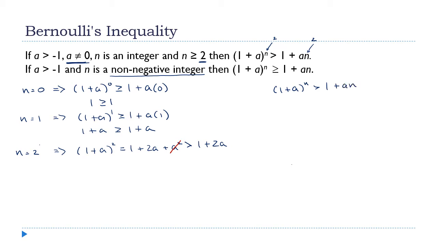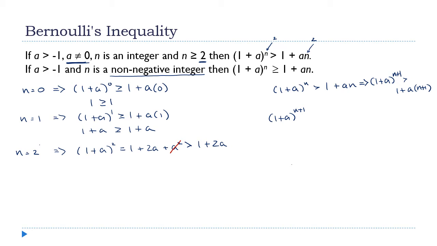I need to show that if this is true, then if I replace n with n + 1, it's also true. So let me write that up here just so we know what we're aiming for. I want to show this, greater than 1 + a(n + 1). All right, so let's see. What is (1 + a)^(n+1)?